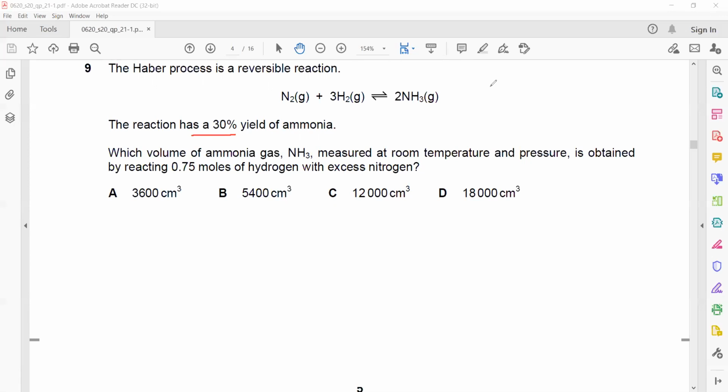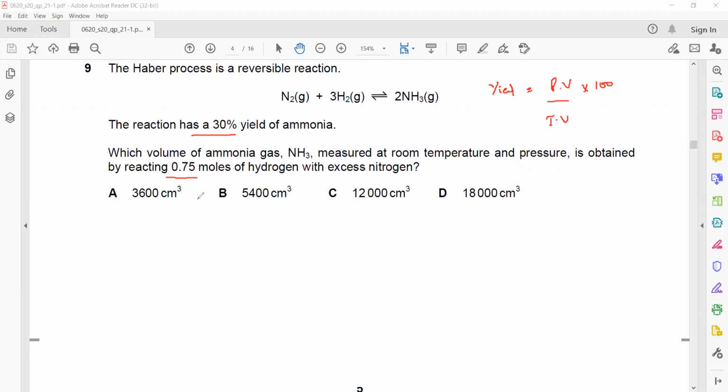The percentage yield is equal to the practical value, how much product we practically get, divided by the theoretical value of the product, multiplied by 100. They mention the volume of ammonia gas was measured at room temperature and pressure, obtained from 0.75 moles of hydrogen with excess nitrogen. So nitrogen is in excess and hydrogen is the limiting reactant here.